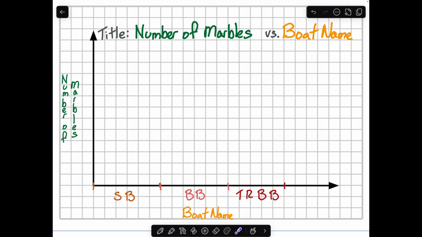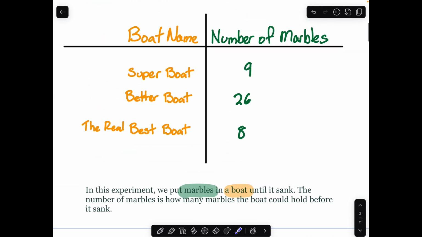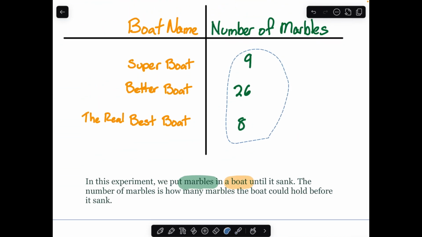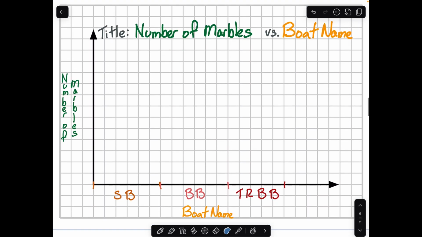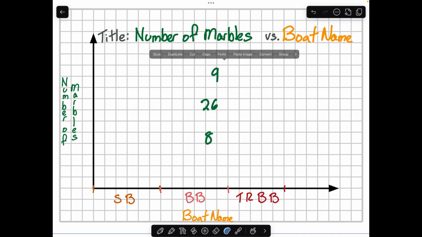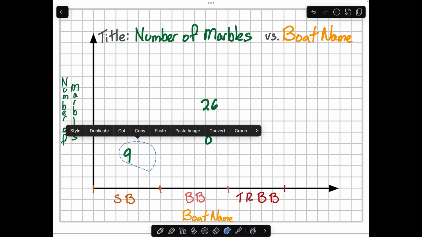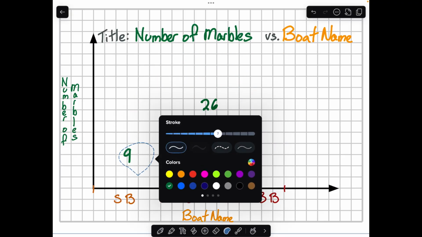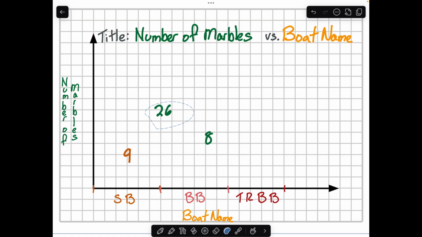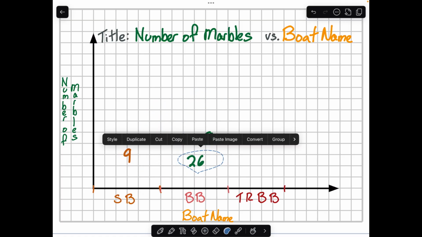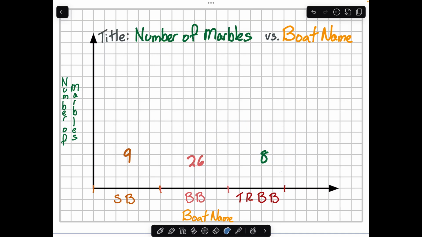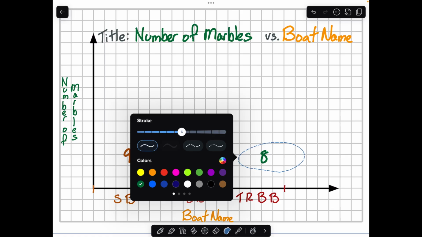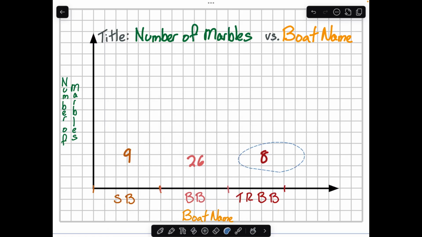Let's get those numbers. So I'm going to graph 9 marbles for Superboat, 26 marbles for Better Boat, and 8 marbles for the inappropriately named Real Best Boat.